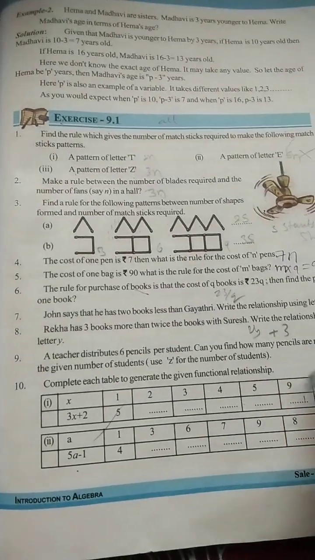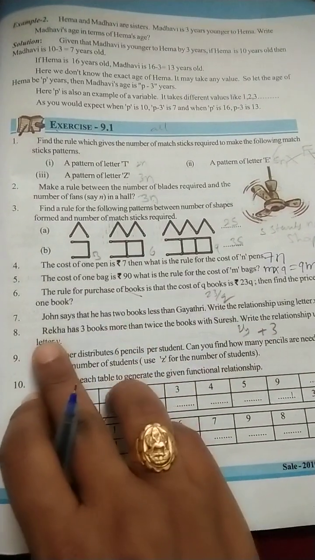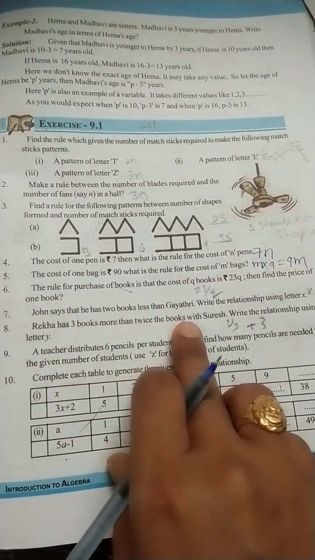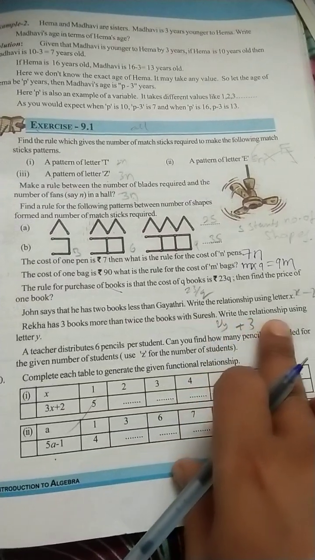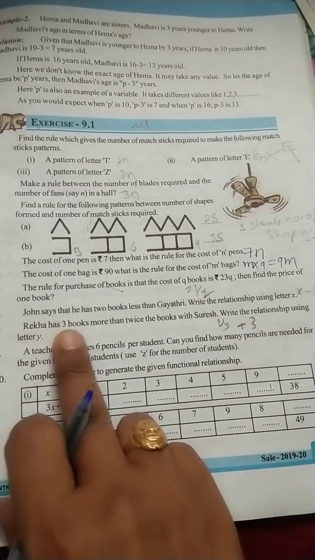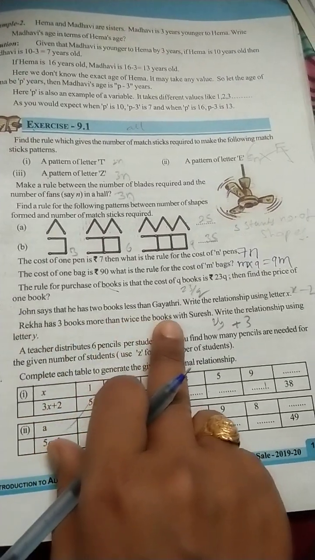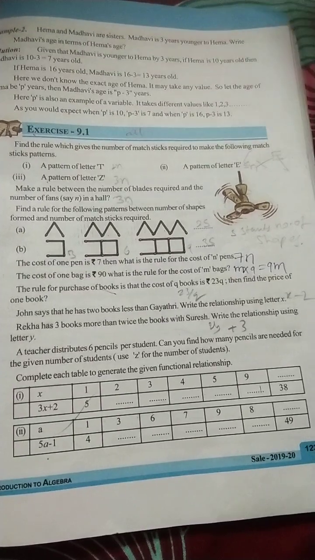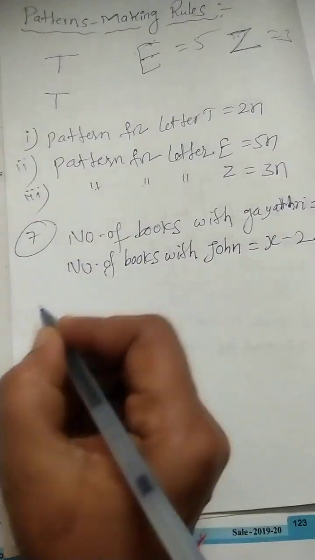Okay. Next, see the 8th question. Rekha has 3 books more than twice the books with Suresh. Write the relationship using letter y. First, the number of books with Suresh, let us take y.